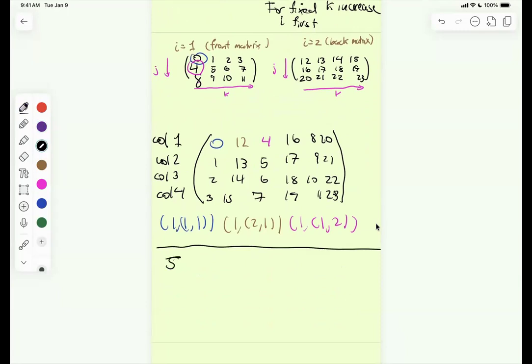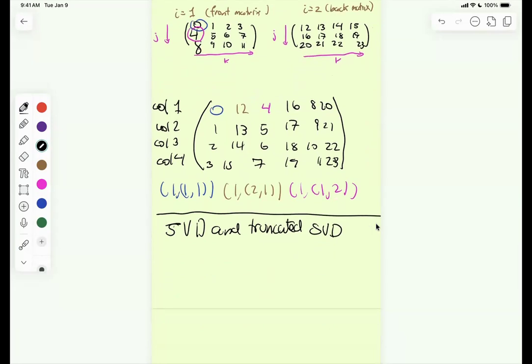Let's just talk about SVD and truncated SVD. For the tensor trains, what I'll use is a truncated SVD. You'll see why in a moment.